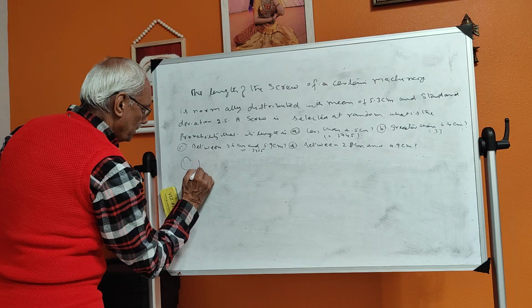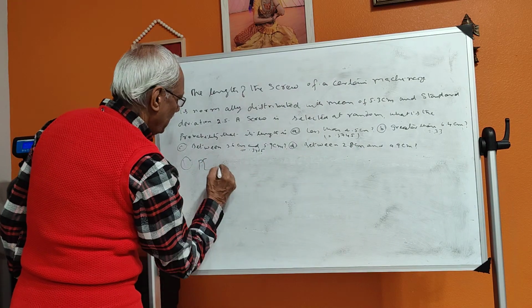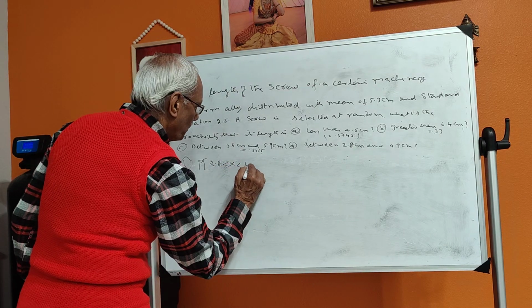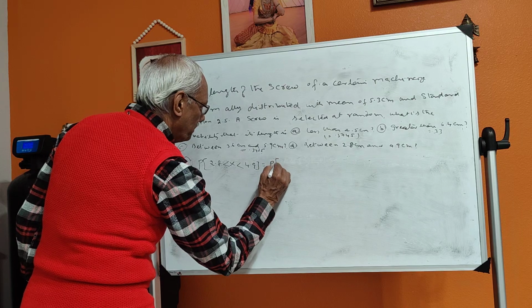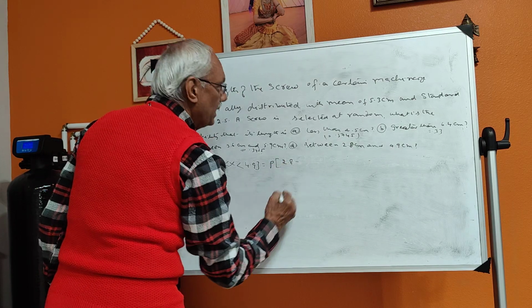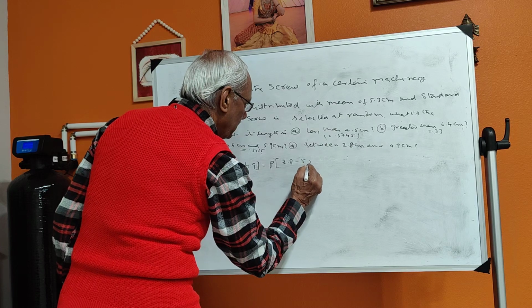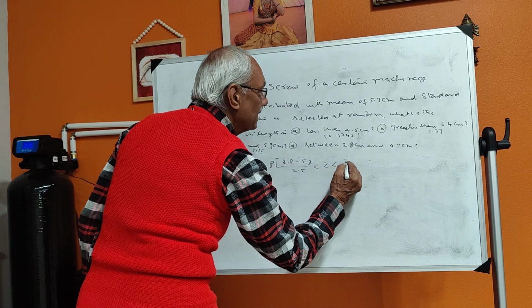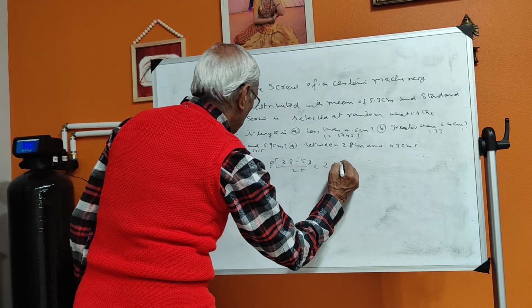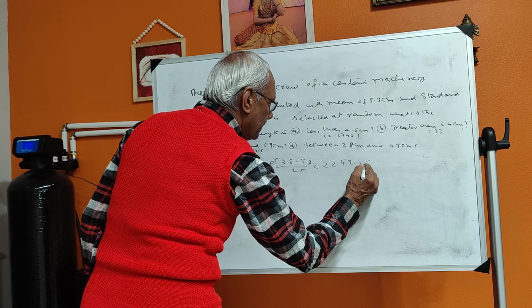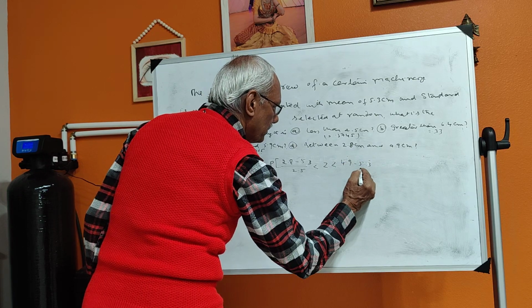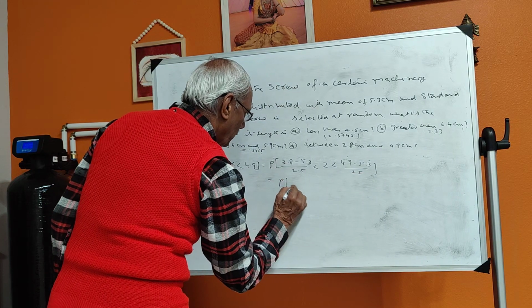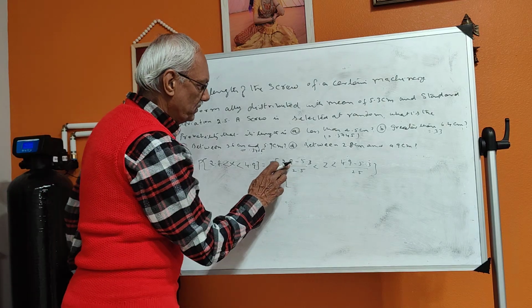See, P of 2.8 less than x less than 4.9 is equal to P of (2.8 minus 5.3) divided by 2.5 less than z less than (4.9 minus 5.3) divided by 2.5.